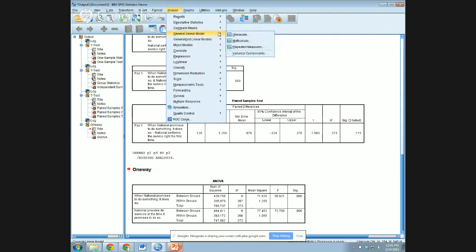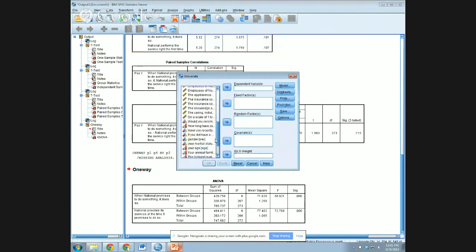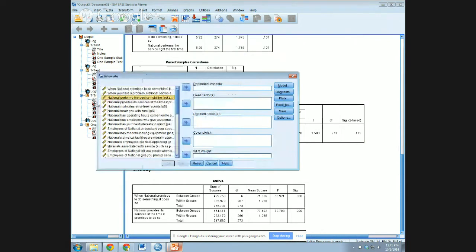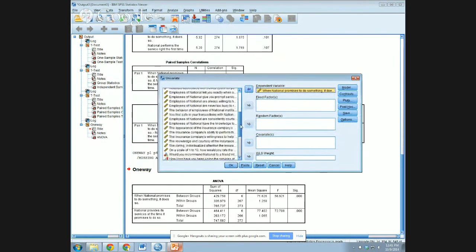Let's do one more. What we can also use is what's called the univariate linear model. I want my dependent variable, if I'm looking at univariate means, to be, say, when National promises to do something, it does it right the first time.